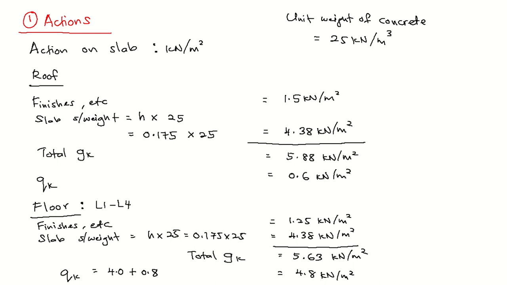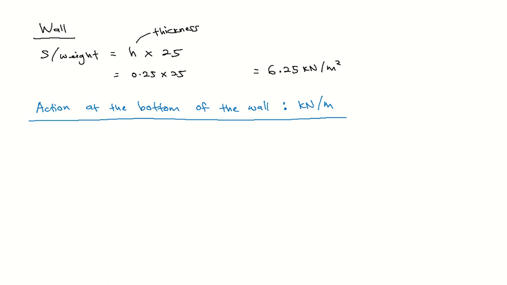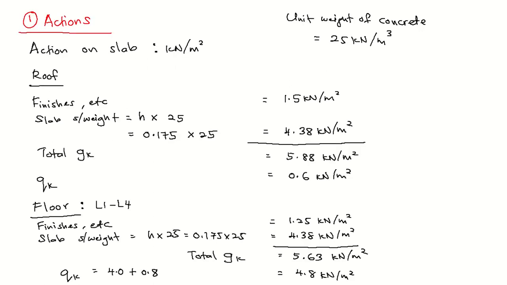So action at the bottom of the wall, first, let me change the color of the ink. Let's look at the GK, the permanent load. You have the permanent load that coming from the roof, here the total GK 5.88.